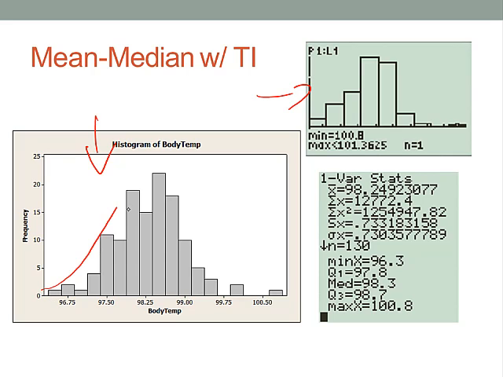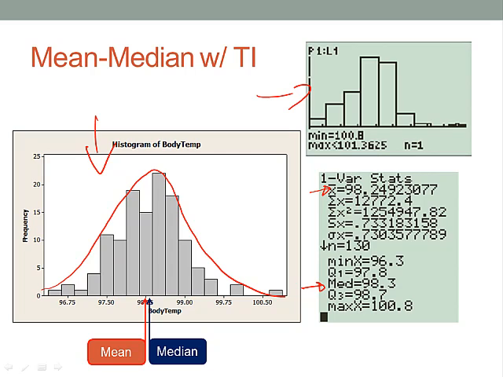We see this is somewhat mound-shaped, right? And now we're looking at the mean. So the mean here is about 98.25. The median's about 98.3. We would expect these to be pretty close, right? Because we have a relatively symmetric shape. So the mean is right there at 98.25. The median just a tick over to the right at 98.3.